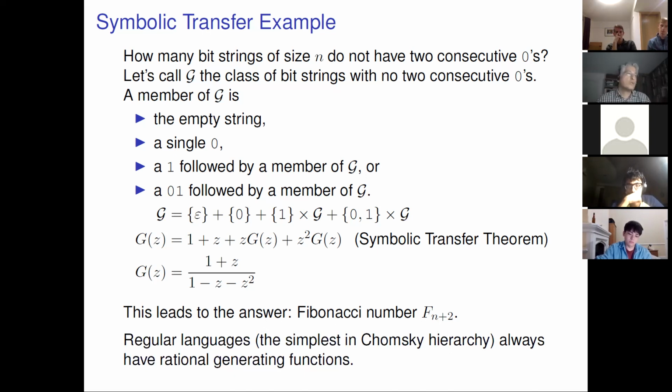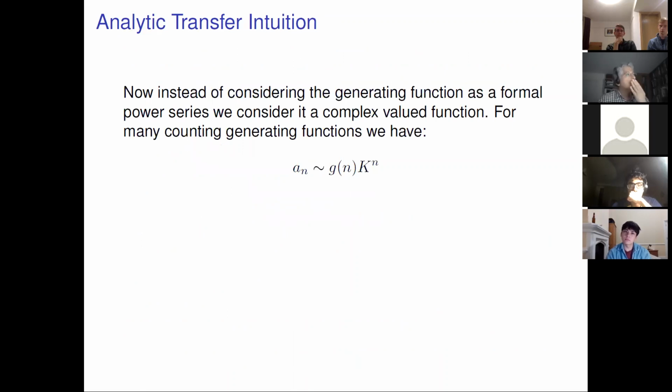I just want to show, for those of you that are familiar with Chomsky's hierarchy, that there is this relationship. For me, that was a surprise, because back in the 80s, formal languages were one thing, generating functions another world. I think the next level in the hierarchy are context-free languages, and I think they lead to algebraic generating functions.